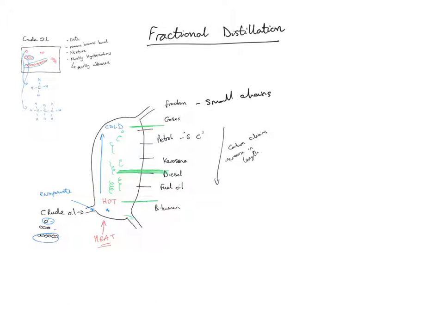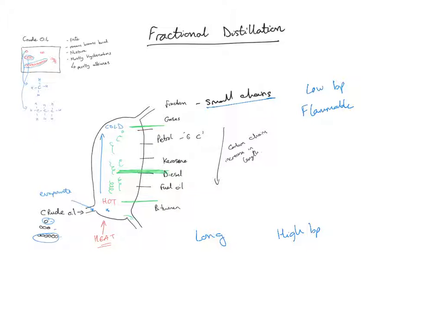So just to add a few more comparisons between the different fractions, we've already said at the top of the fractionating column they're small chains, at the bottom they're long chains. We've already said the top have a really low boiling point, and at the bottom they've got a high boiling point, and this is what enables you to separate them out. The ones at the top are really flammable.